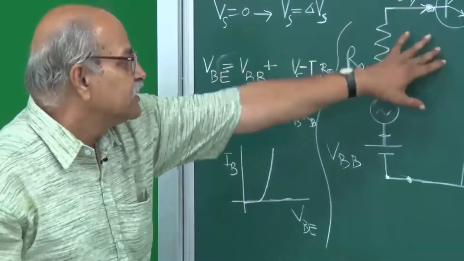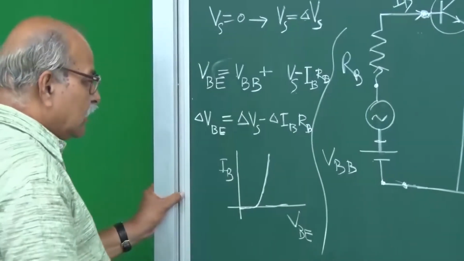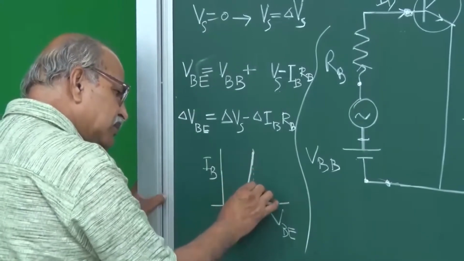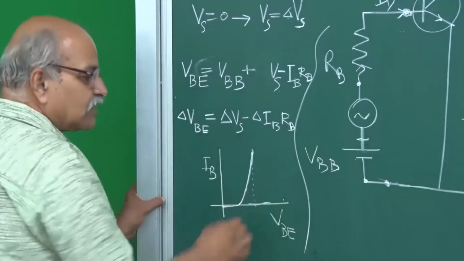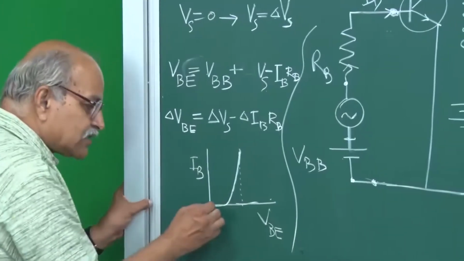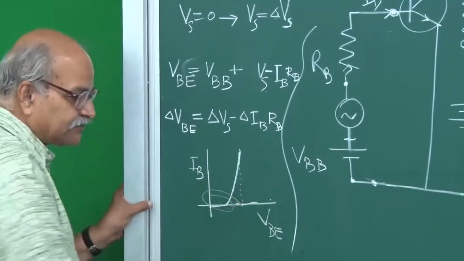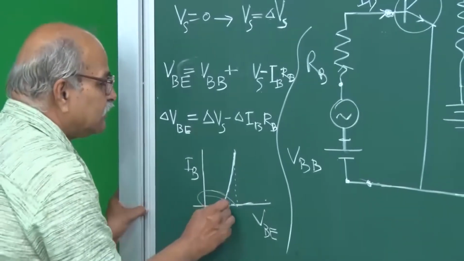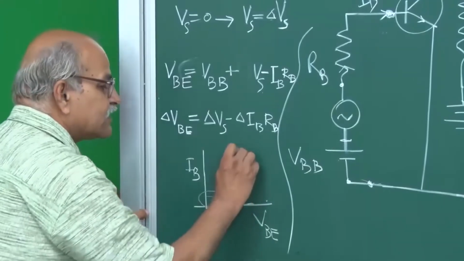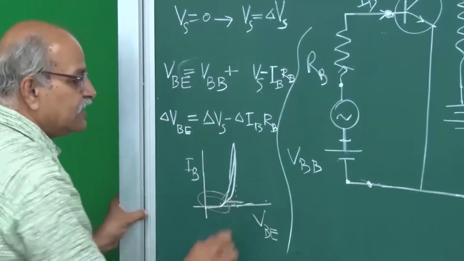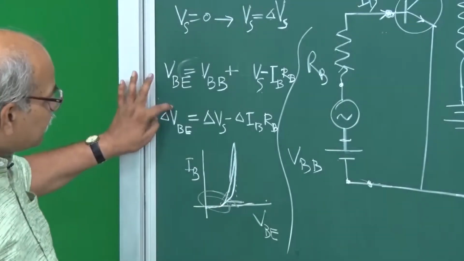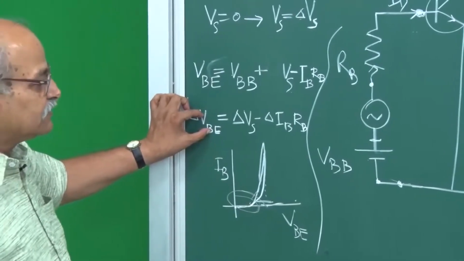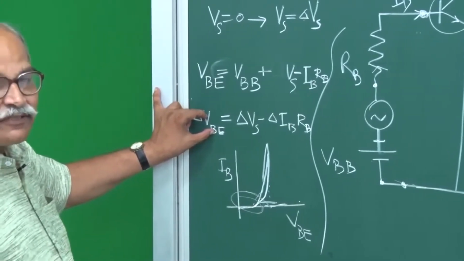Now this VBE has almost a fixed value. You cannot go beyond that. If it is too low, then you are in the cutoff region, your current is 0 or almost 0, and then suddenly it rises. So you cannot really change this VBE much. So this delta VBE, the change in VBE because of this signal, is going to be very small.